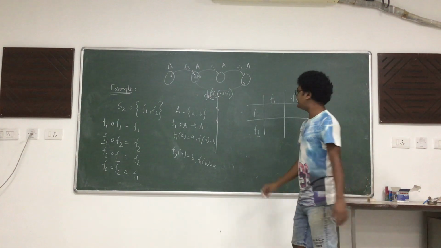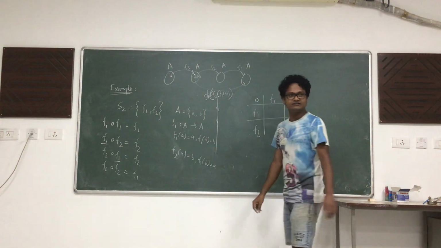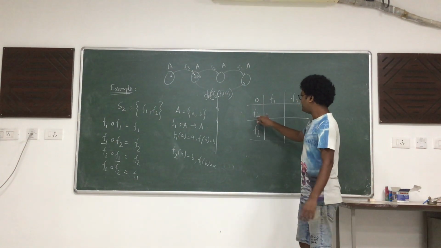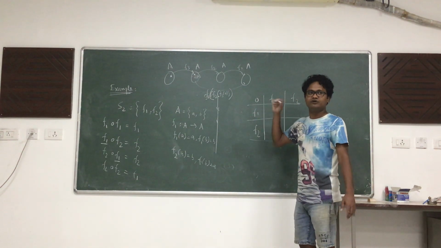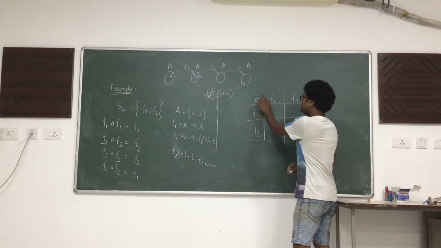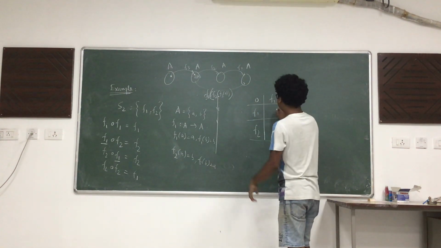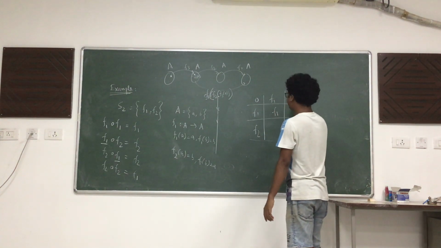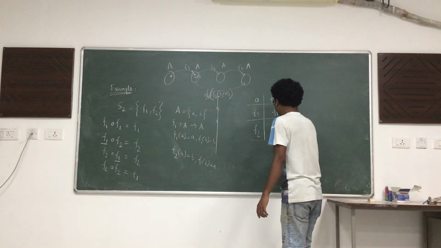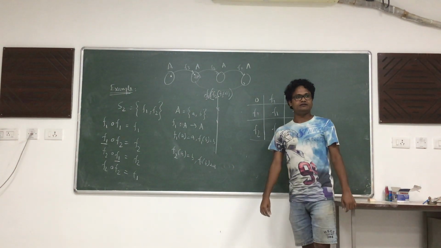For any group we usually write the binary operation here, and in this case it is composition. We have to be clear about the way we do the operation, since it is not always commutative. So we write the element such that this row element is multiplied with this column element. F1 composed with F1 is F1, F1 composed with F2 is F2, F2 composed with F1 is F2, and F2 composed with F2 is F1.